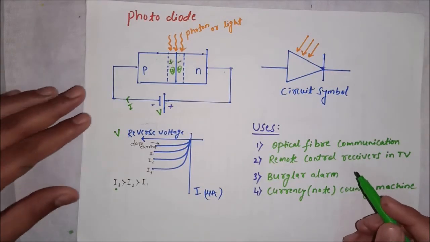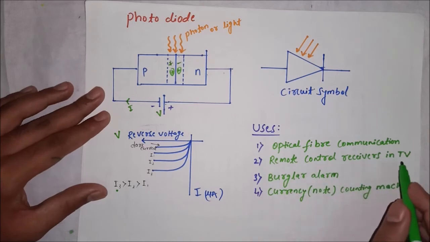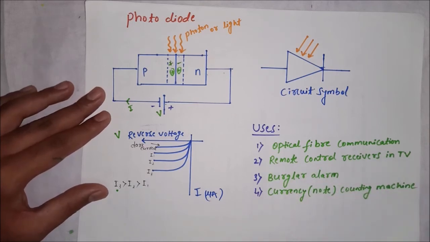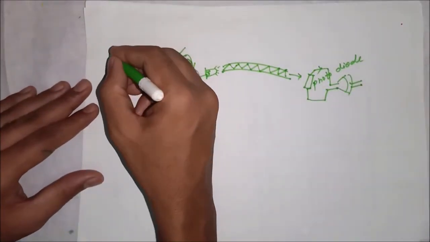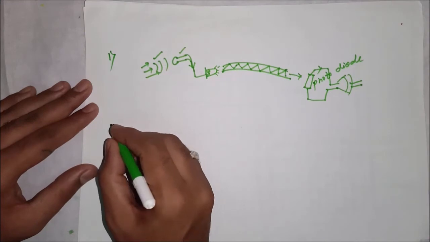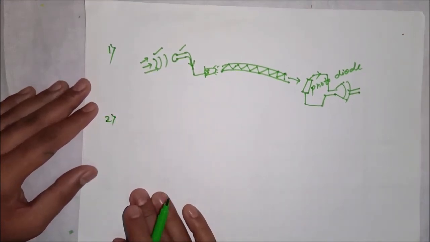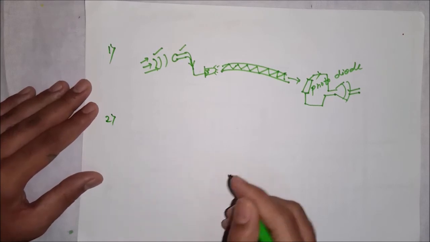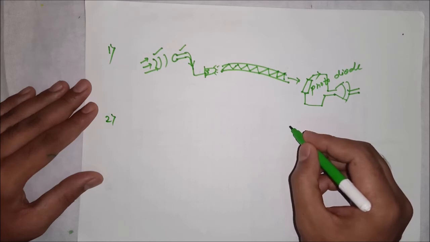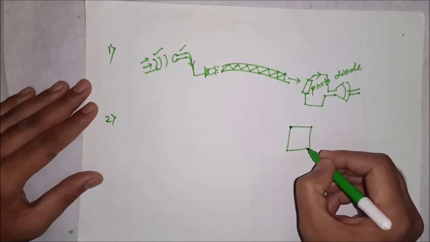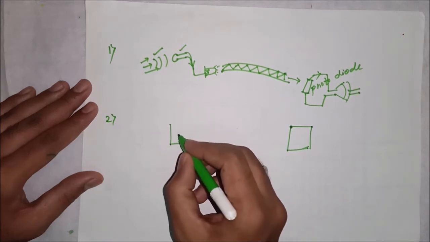And the next application is its use in remote control receivers in TV. This is the first application we studied, and the second application is in remote controlled receivers in TV. We know that here there is a TV, and somebody is sitting here.